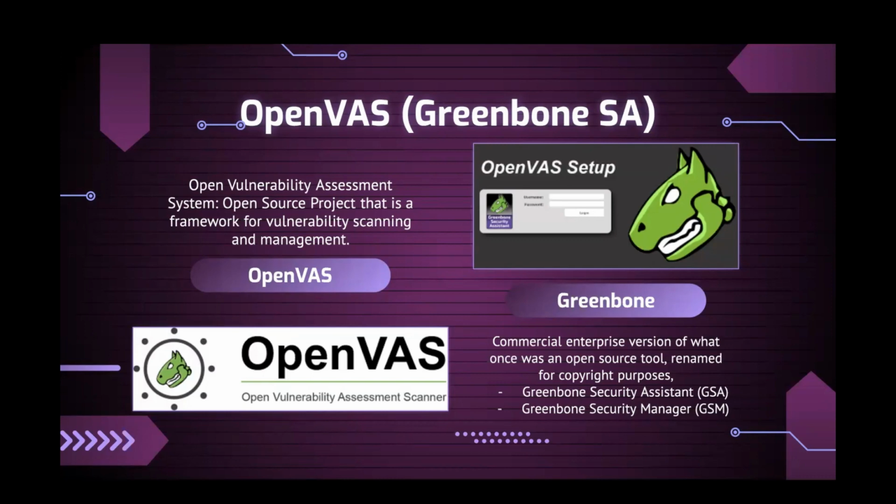The difference between OpenVAS and Greenbone is that there was a copyright issue that arose a number of years ago, and Greenbone became the commercial front-facing name for OpenVAS. OpenVAS is still available as an open source project, but if you want to use it commercially for enterprise purposes, they have Greenbone Security Assistant, or GSA, and Greenbone Security Manager, which is GSM.